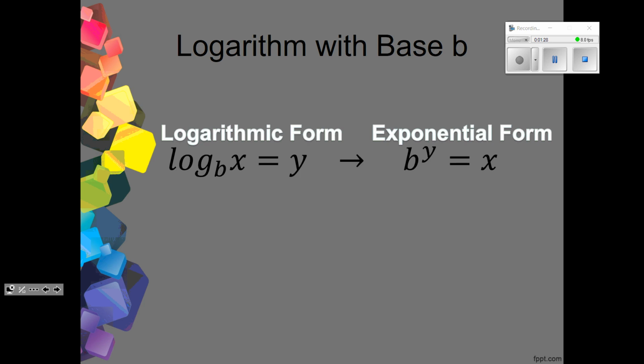If we want to do the inverse of that, we go to the logarithmic form, and it says log base b of x is equal to the exponent y. So instead of saying a base to a number is equal to a certain outcome, you're saying the log base b of the outcome is equal to the exponent. Okay, so you're solving for the exponent. Does that make sense with the logarithm? You're figuring out what the exponent is.